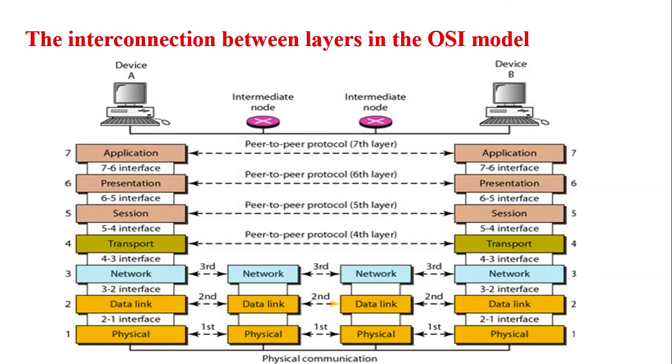For example, the application layer interfaces with the presentation layer. It means whatever application we have to run in our system, or whenever we send information from device A to device B through an intermediate node, that application should be there in device A as well as in device B.